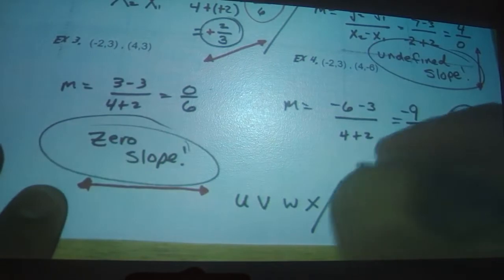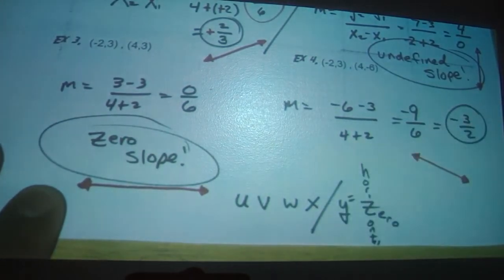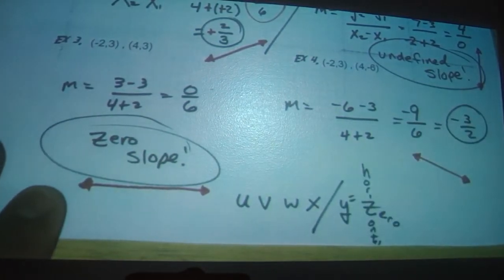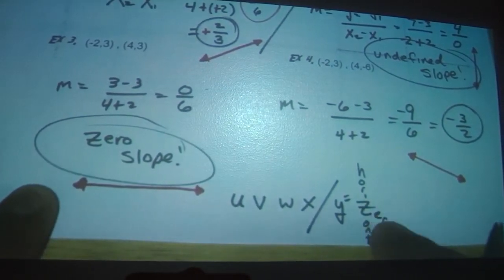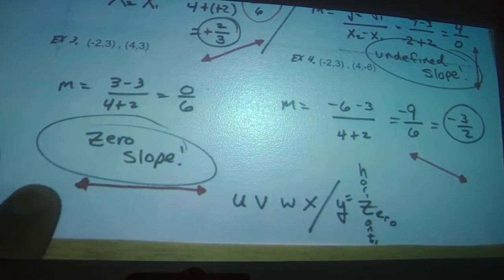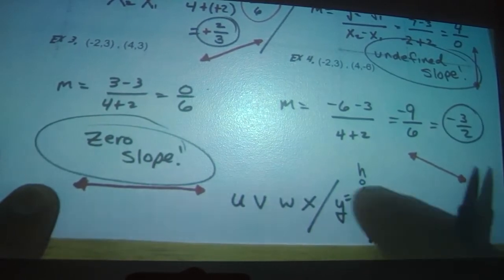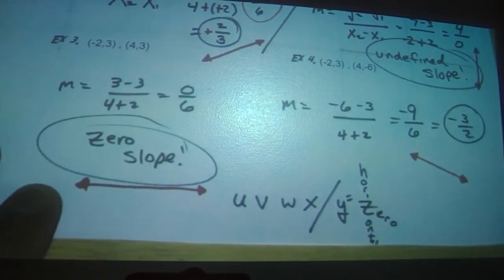And horizontal lines are y equals lines, like y equals 5 or y equals -2. So horizontal has zero slope. They both have z's in them. And z is right next to y. That's a y equals number line: y equals 5, y equals 2, y equals -3.